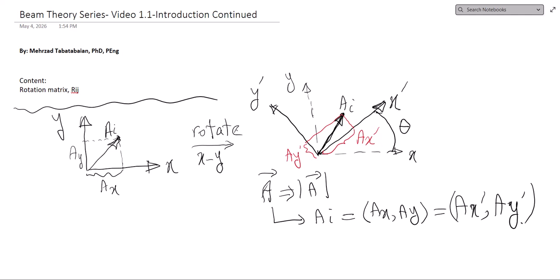So if this angle is theta, therefore this angle is theta, although maybe not shown here to the scale.